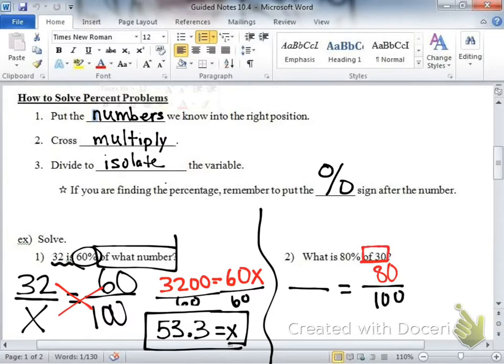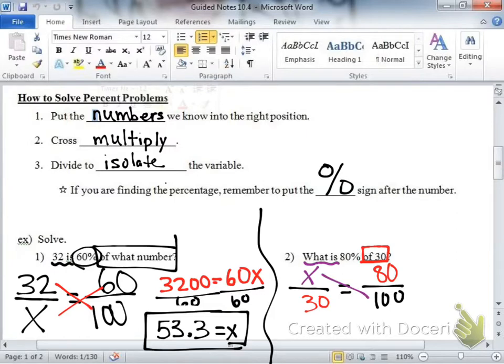The bottom left. We're looking for the is number. That's why it says what is, because we don't know the is. So the variable is going to go in the is spot. Is over of equals percent over 100. Any questions on that?